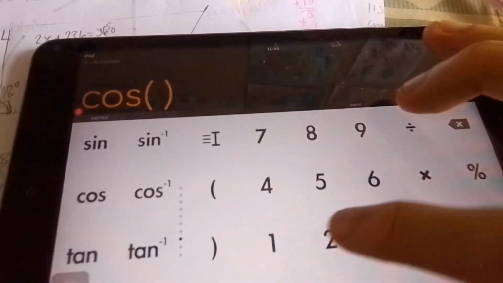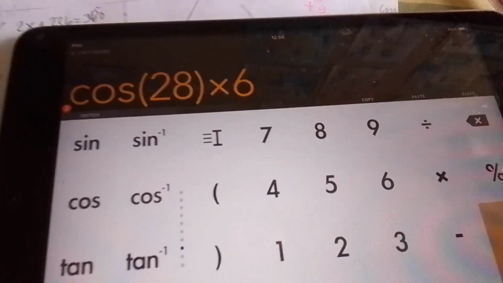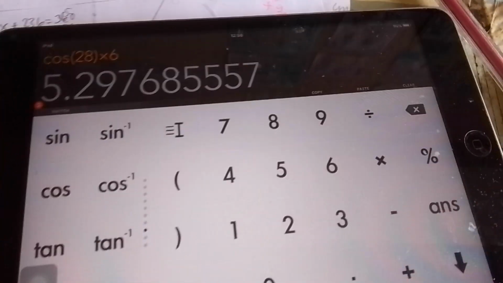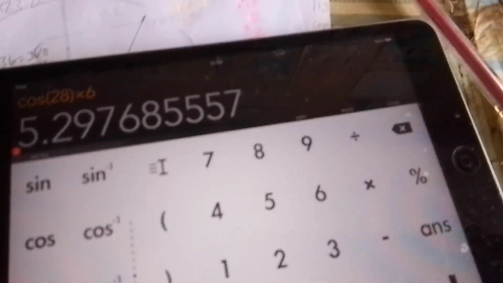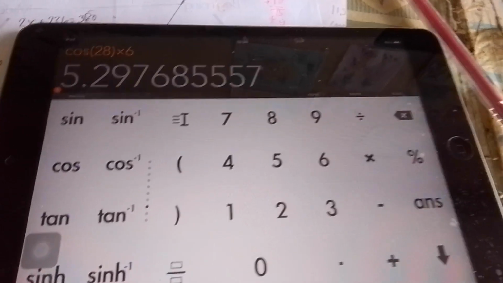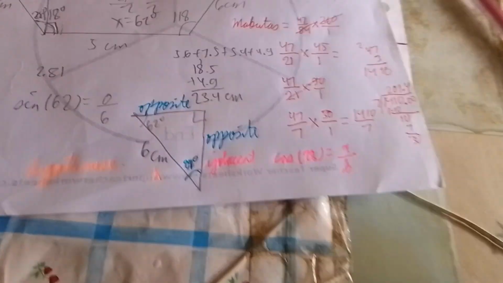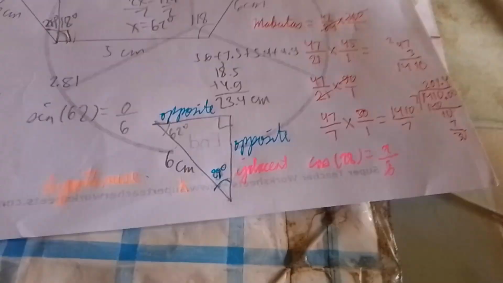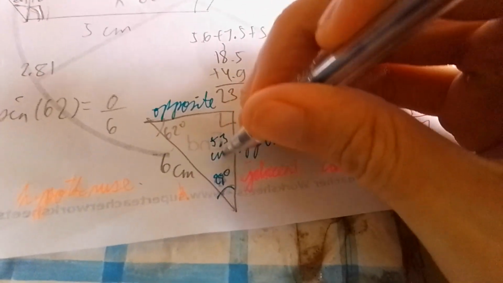Multiply both sides by 6. So therefore, it's the cosine of 28 times 6. What did we get? We should get 5.3 as our answer. Yan. So that's the adjacent. So 5.3 ay yung height. Okay? So the measure of the height is 5.3 cm.